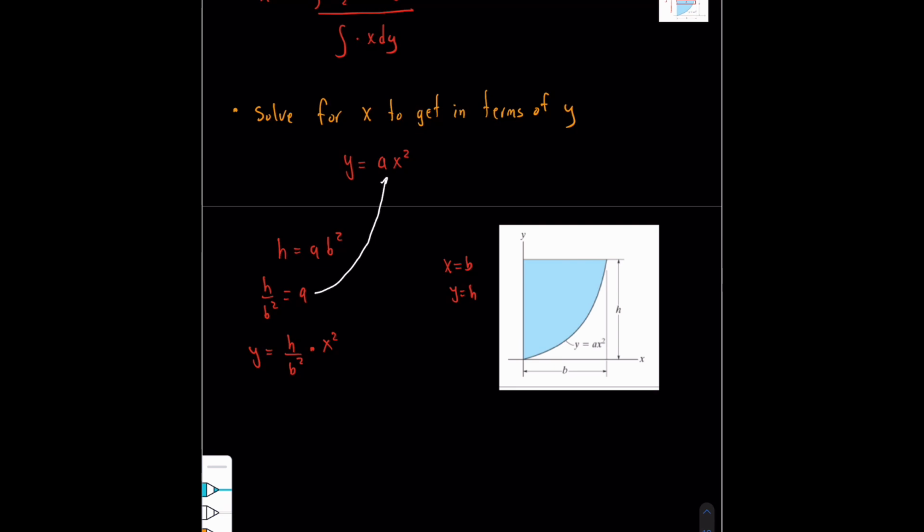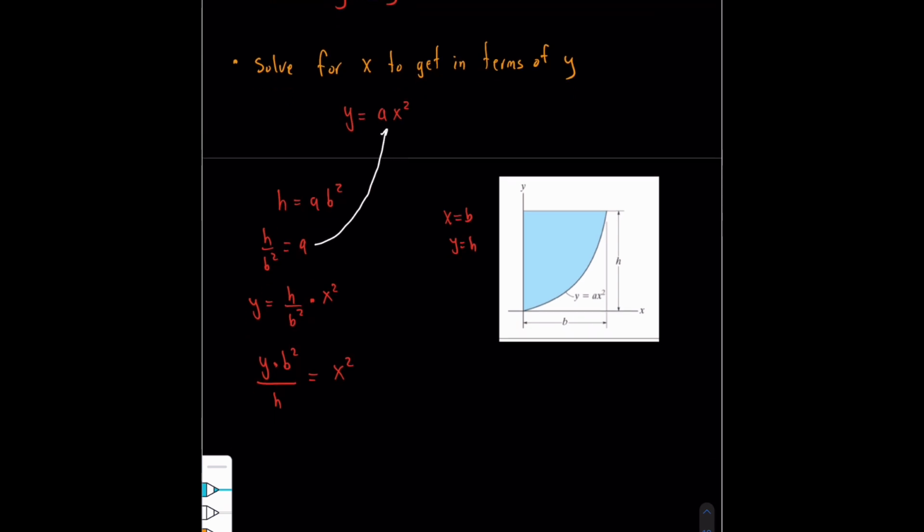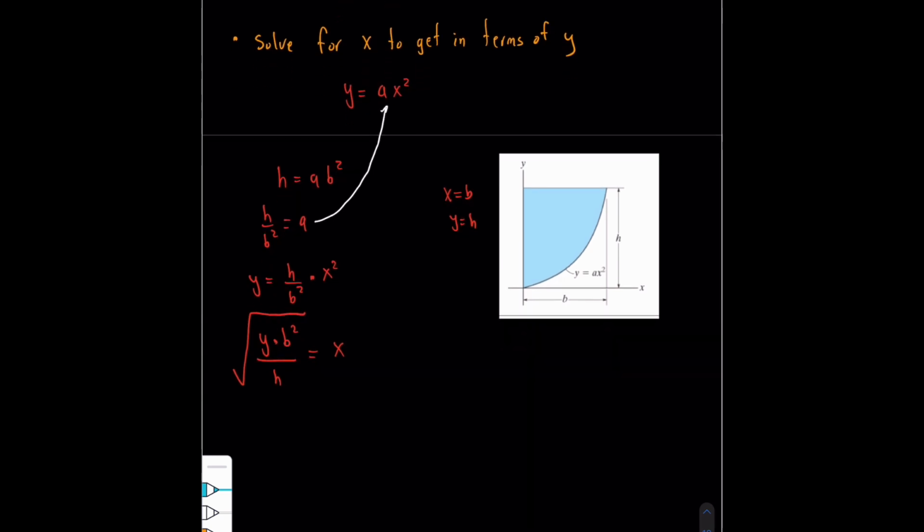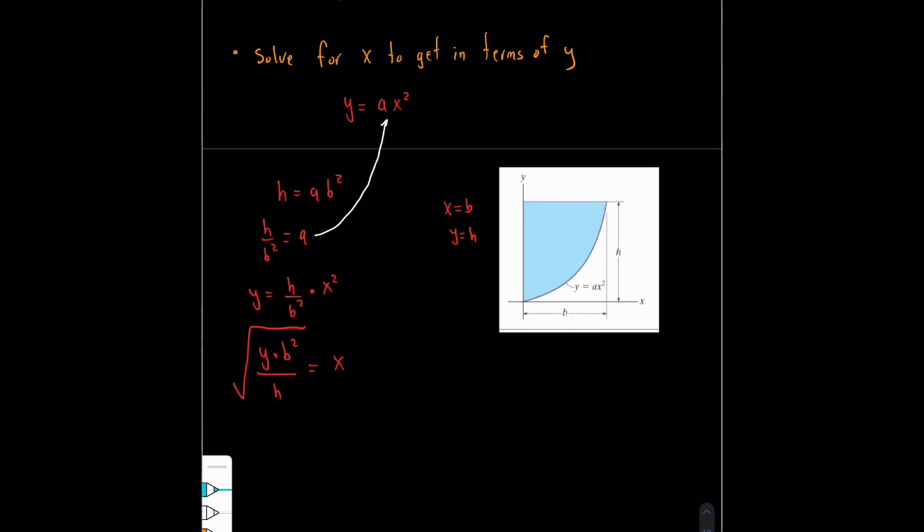So solving for that, I'm going to have y times b squared divided by h equal to x squared. And you obviously have to square root this. Okay, that's nice. So now we have our x right here.